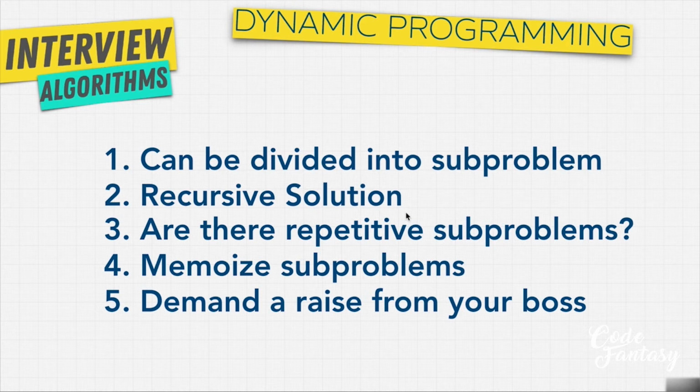Again, something that we're very familiar with from our previous videos. And now the third question is really important because you can have tree-like structures that don't have repetitive subproblems. But if these subproblems are repetitive, that is, we're doing the same calculation over and over in these subproblems, well, if the answer is yes, then we can memoize these subproblems.